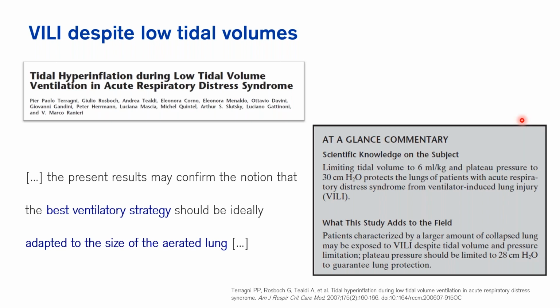And they basically compared the study subjects. They were looking at lung protective ventilation, which at that time meant limiting the tidal volume to 6 milliliters per kilogram of body weight and limiting the plateau pressure to 30 centimeters of water.